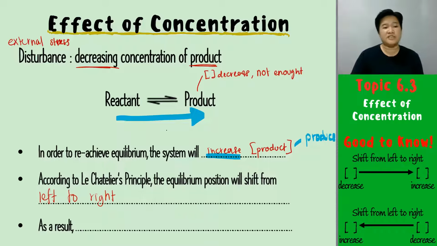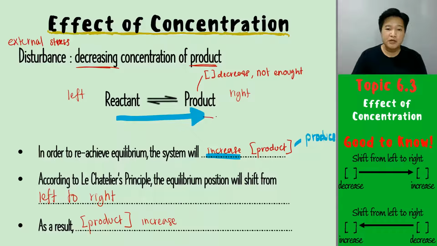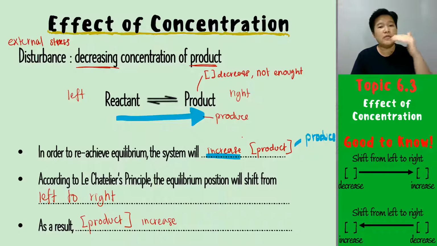And since we are shifting from the left to the right, for sure what we want is your product concentration to increase. So as a result, the concentration of the product will increase, because we produce the product. Can you see that? We are going towards the product. So we produce the product.